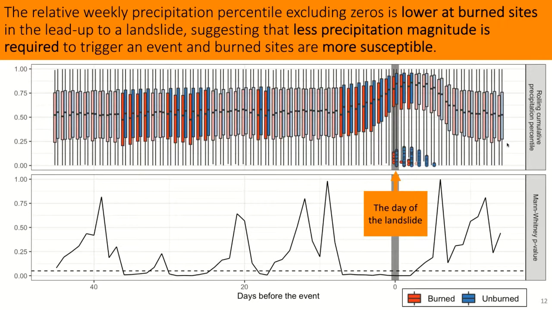So the day of the landslide is indicated by that big orange arrow, and this time axis is not any particular date. It's all relative to when the landslide happened at a particular site.